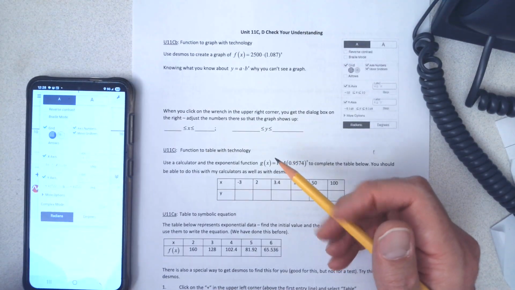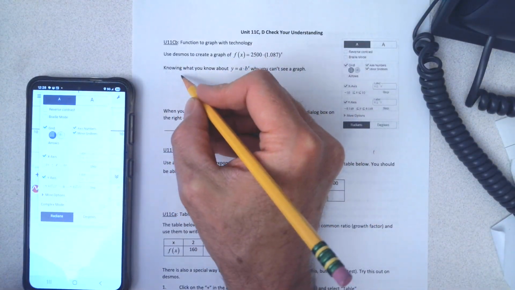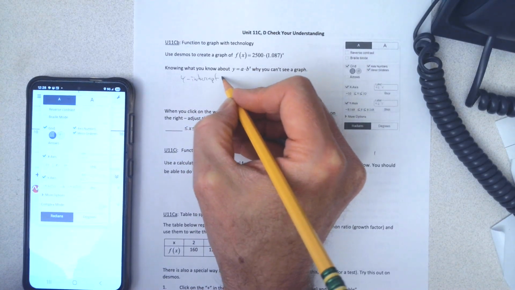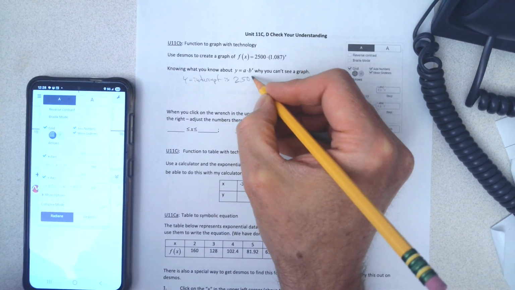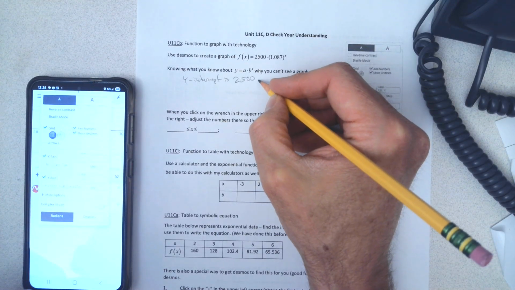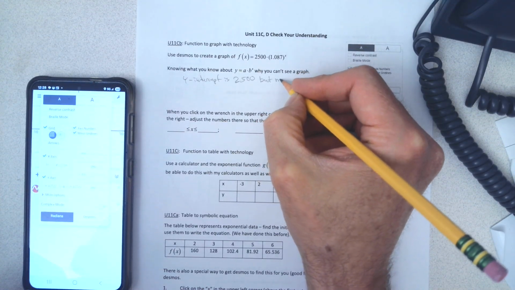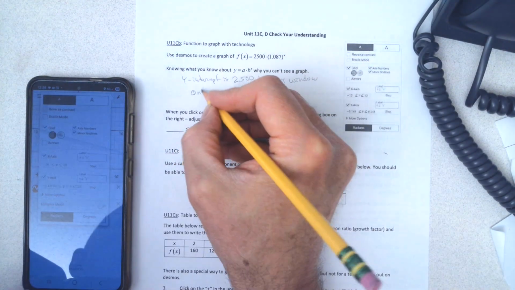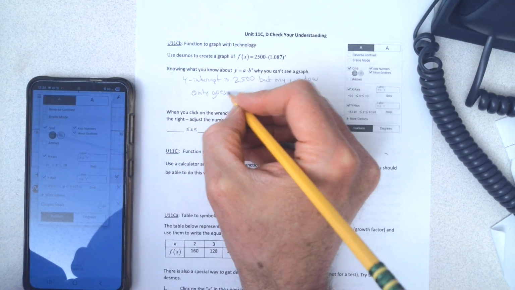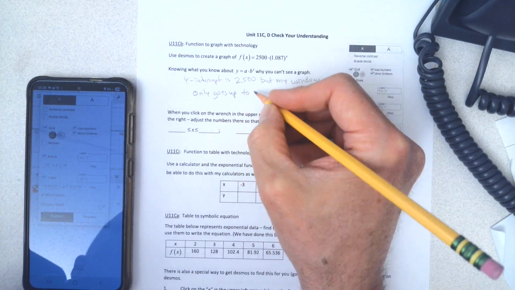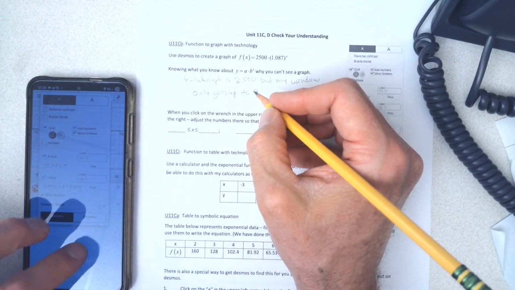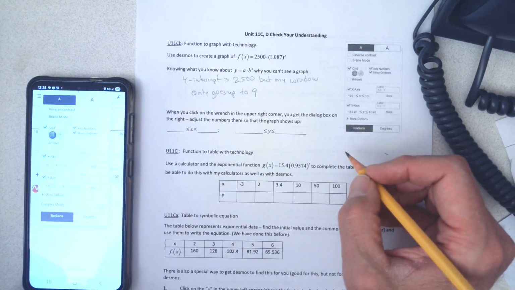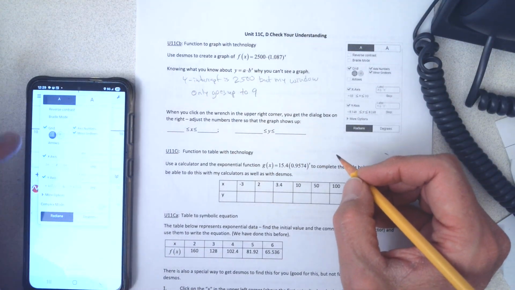So the y-intercept is 2500, but my window only goes up to about 9.